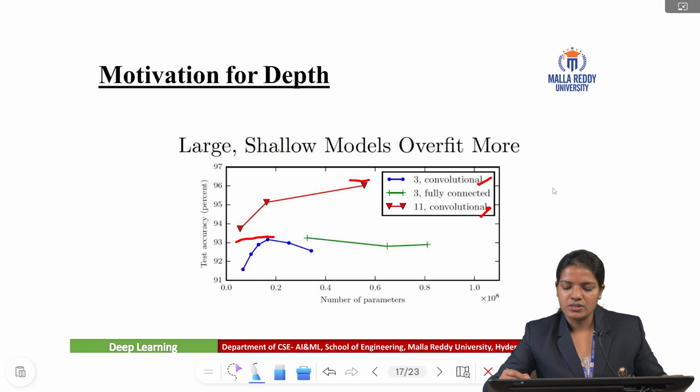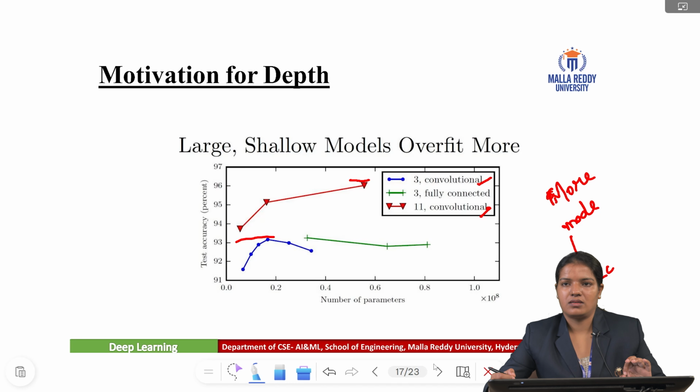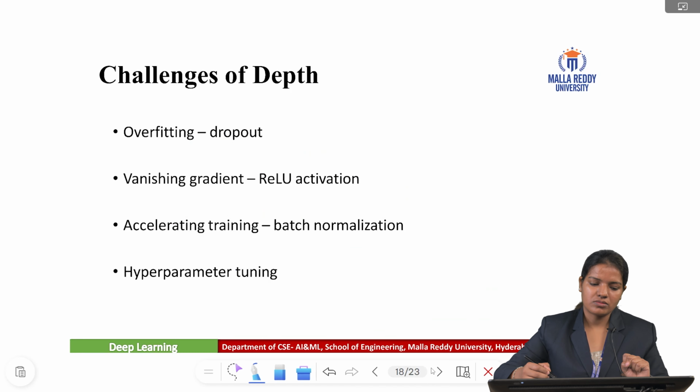If we use fewer hidden layers, that type of network is known as a shallow network. If we use more hidden layers, that type of network is known as a deep neural network.